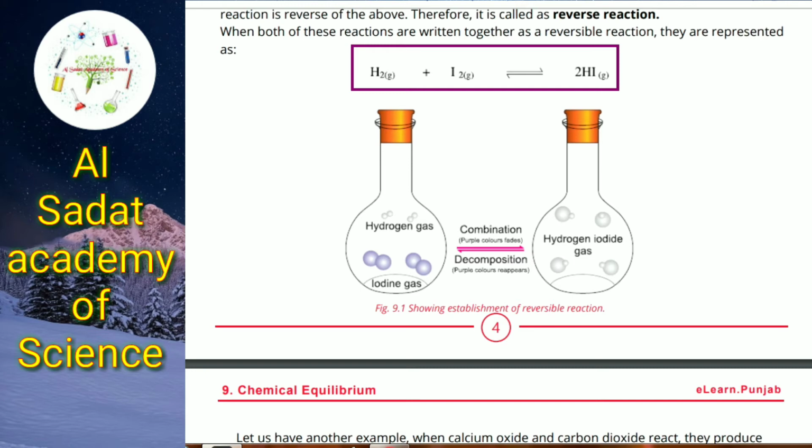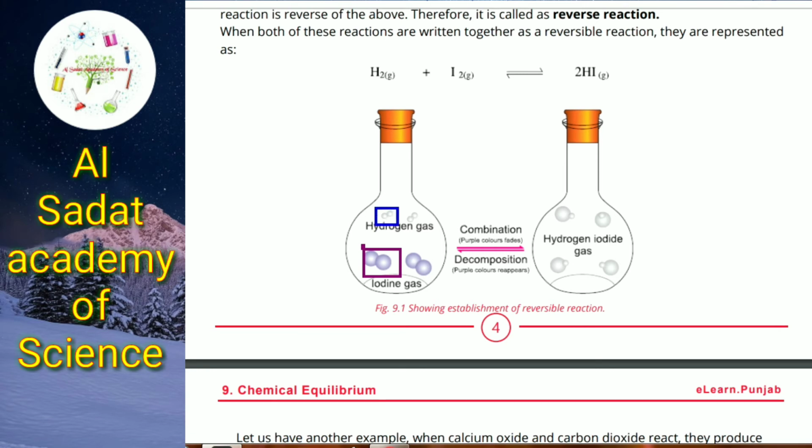Now this is the equation. Here you can see the purple color of iodine, and here is the colorless hydrogen. Both of these combine and form hydrogen iodide, which is also colorless.